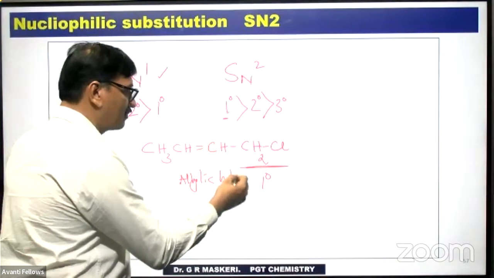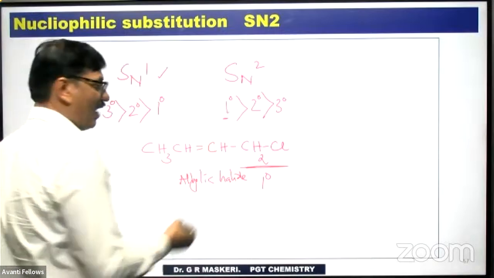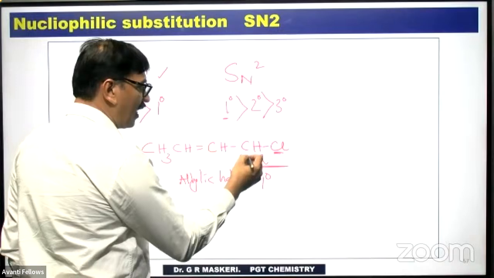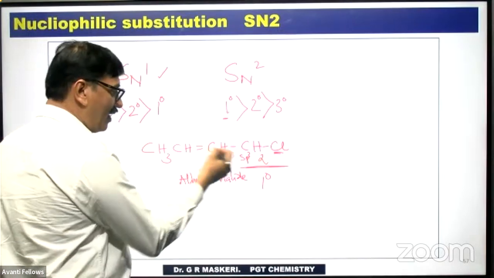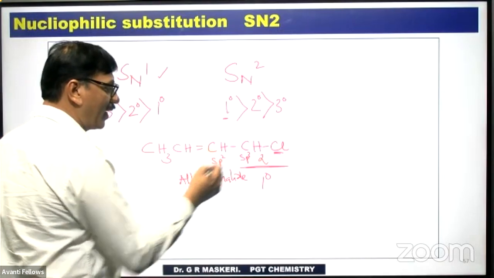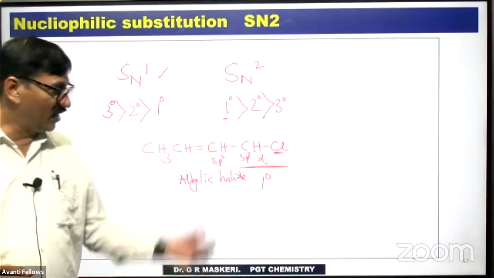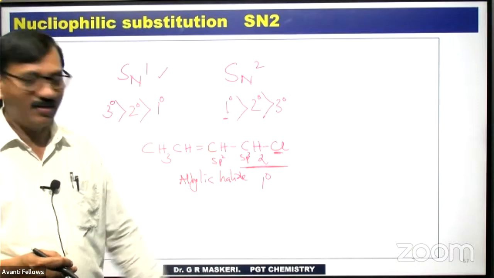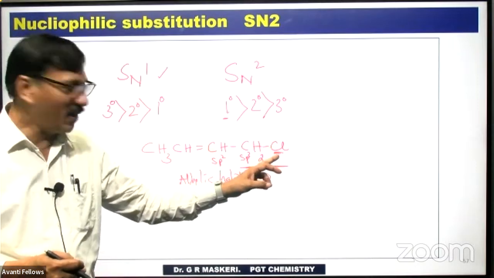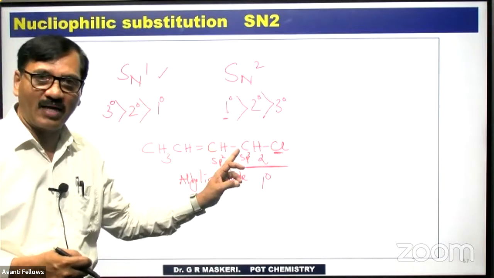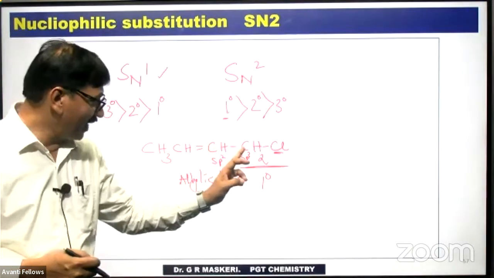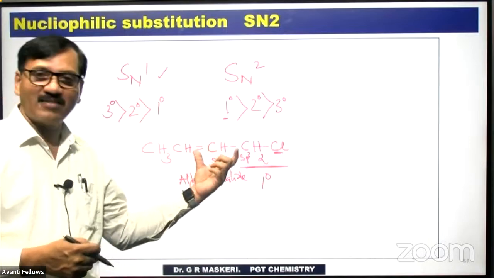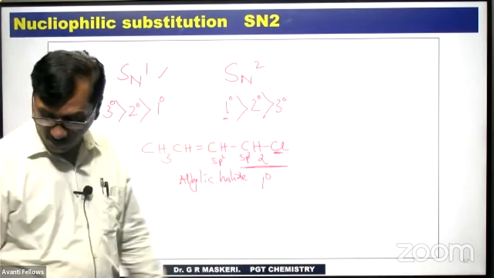An allylic halide has the halogen attached to an sp3 hybridized carbon, very next to which there is an sp2 hybridized carbon. If this condition is there, then it is called an allylic halide. So if this is the case, then it forms a carbocation.